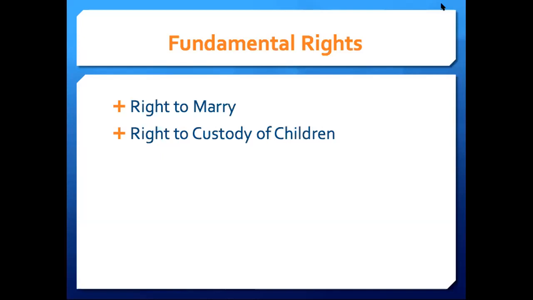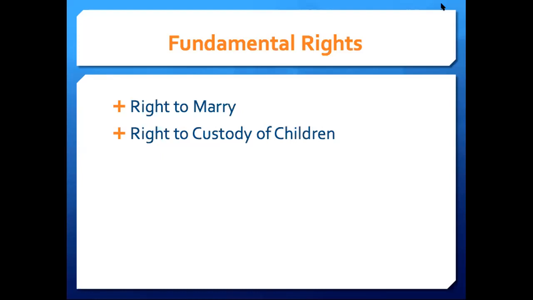So the case is the Troxel versus Granville case. This is a case from 2000, and it involves a challenge to a statute that would have allowed the paternal grandparents of children to have visitation rights with their grandchildren after the death of their son, the children's father.